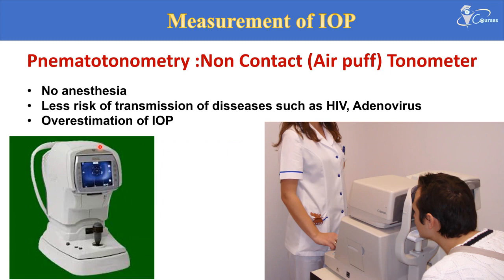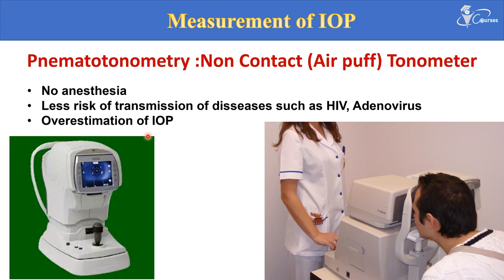It depends on an air jet which will be forced toward the patient's eye, and the device will measure the time of this air force that is necessary to flatten an area of the cornea. So the patient will feel as if there is a puff of air projected toward his eyes.